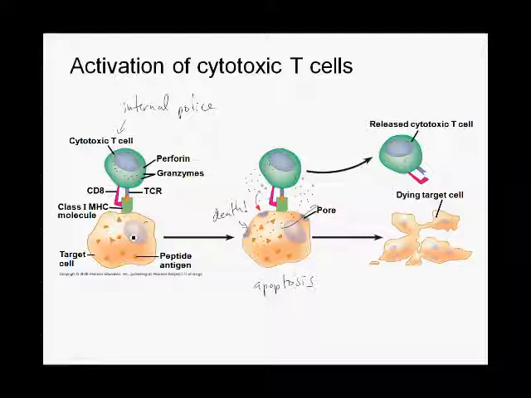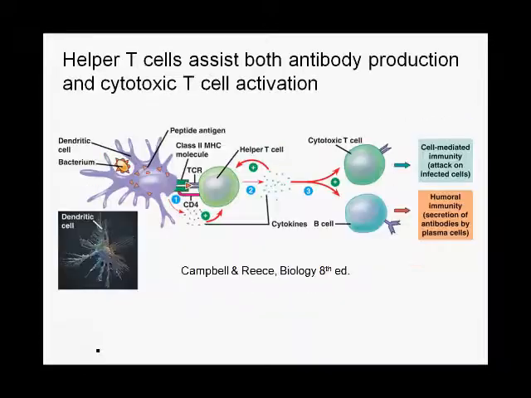And since cancer requires mutations, there may be mutant peptides displayed in the class I MHC molecules. And so it's the job of these killer T cells to kill off any cell that is displaying anything highly suspicious.